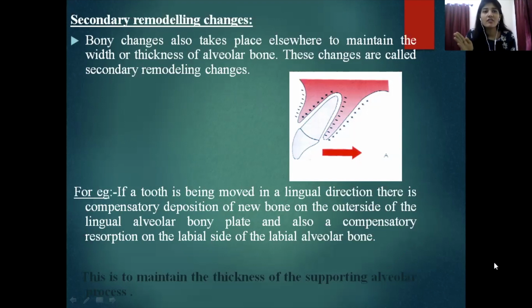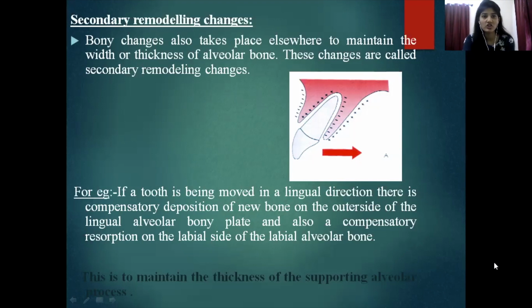If the force level differs during this procedure, then definitely adverse effects are going to happen. So you have to take care of the amount of force, the time for which the force is going to act, and also the type of the force.